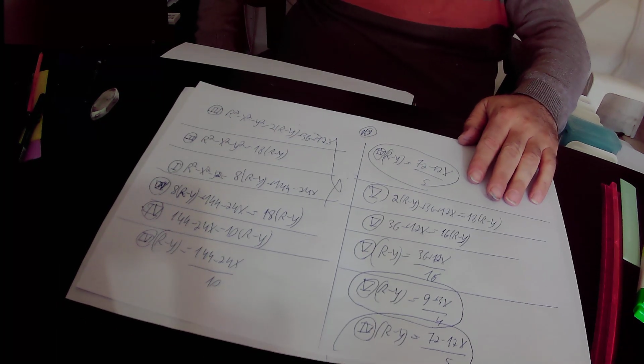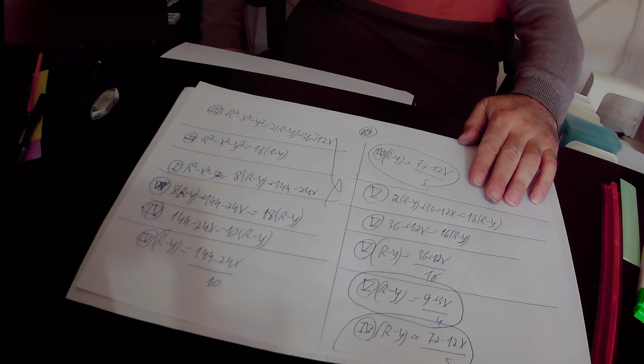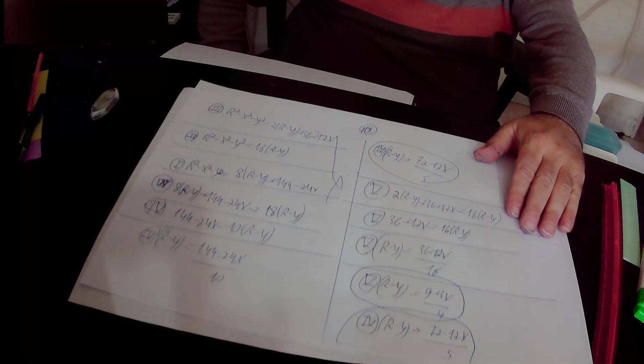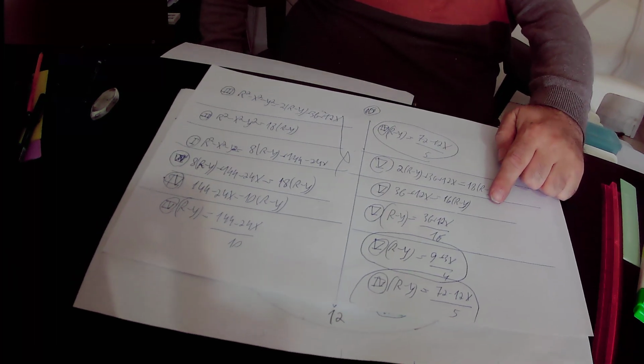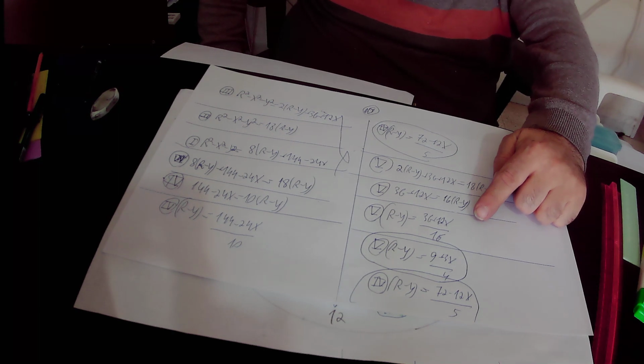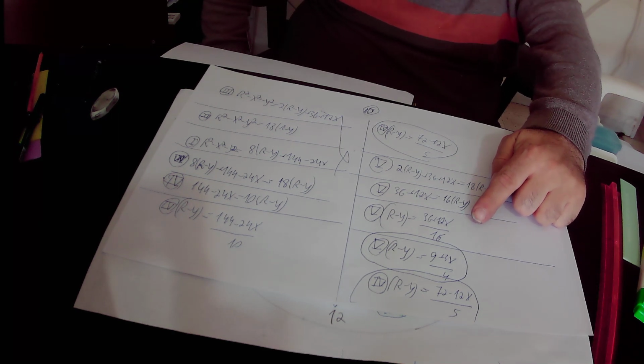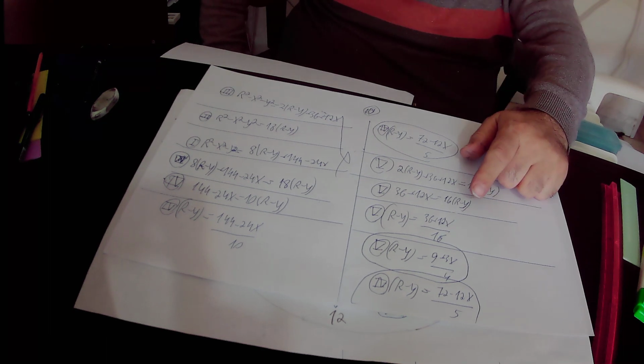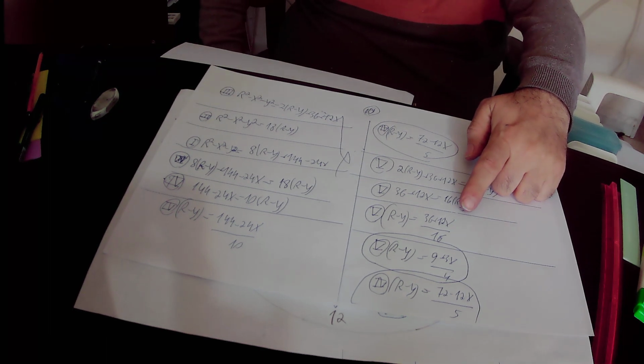We subtracted 2 times R minus y from equation number 5, and we got that 36 plus 12x equals 16 times R minus y. We divided equation number 5 by 16, and we got that R minus y equals 36 plus 12x over 16. This is the value of R minus y according to equation number 5.